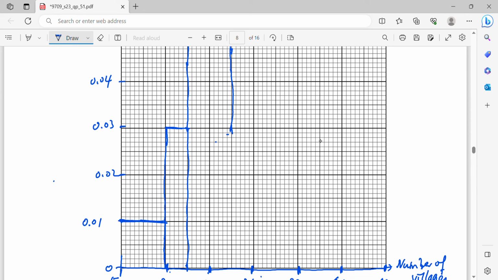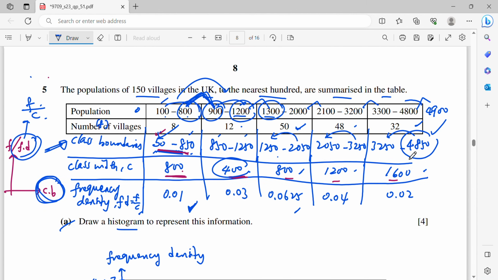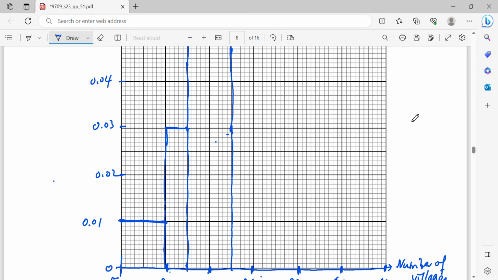Right, as I've mentioned just now, please use ruler to draw straight lines. Okay. Then the next one is 2050 to 3250. The difference is the width is 1200, the height is 0.04. So 1200, so it will be 40. Okay, is here. 0.04 is here.